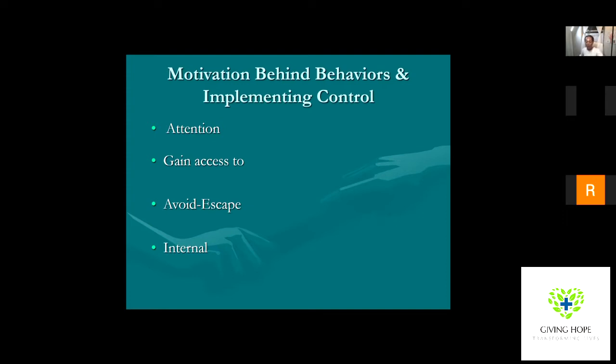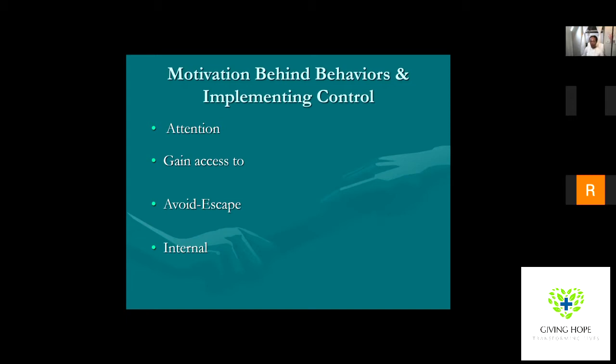For a person on the autism spectrum, if you see them rocking back and forth, looking to the side, holding their hand up, or turning the light switch on and off, there's always a motivation behind the behavior. The way you want to respond is based on the motivation behind the behavior. And there's usually 4 different motivations behind behavior.